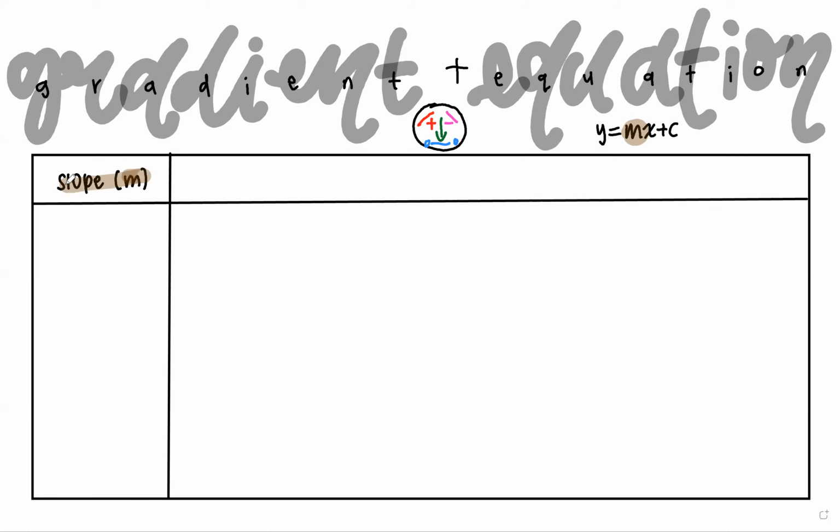And the coefficient of x will tell you the slope, or the steepness of the line. So this is the coefficient of x term.